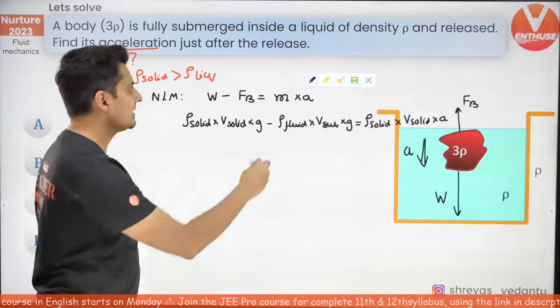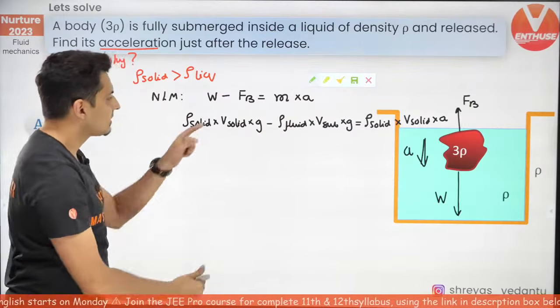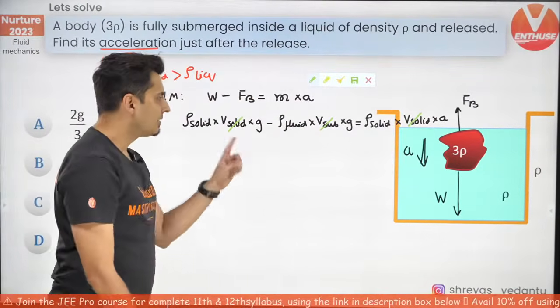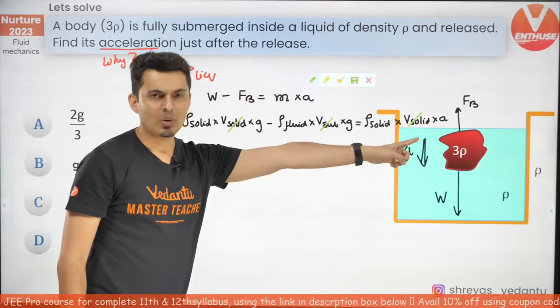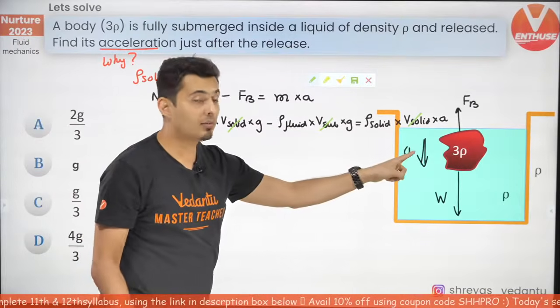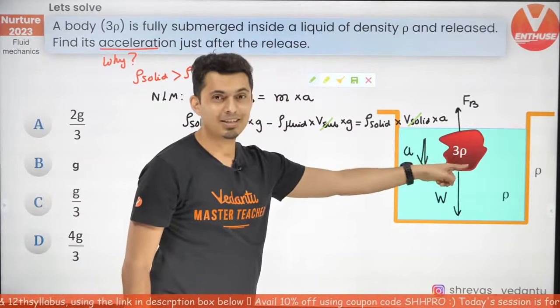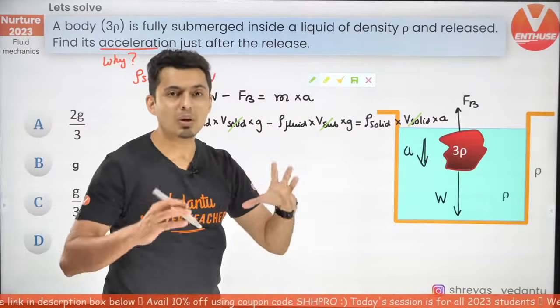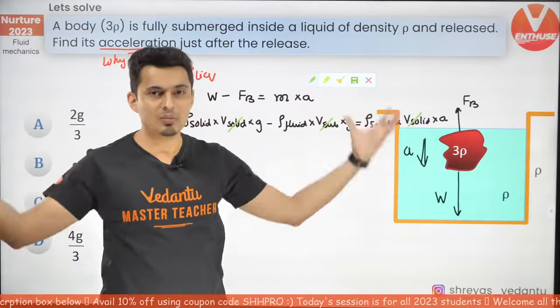Now one very interesting thing is going to happen, and that is the volume of the solid and the volume which is submerged will get cancelled everywhere. You might be wondering, sir, volume of the solid and volume submerged is not equal. Think carefully. This is completely submerged. This is completely immersed. So whatever is the volume of this solid is equal to the volume which is displaced or volume which is submerged.